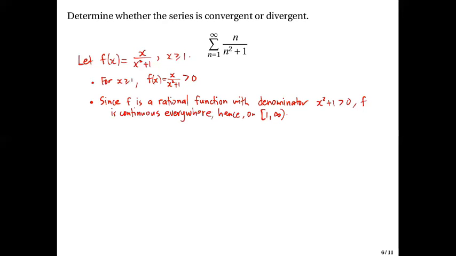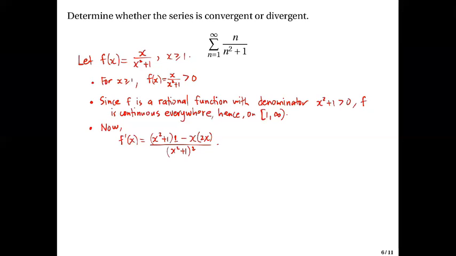To show that this is a decreasing function, we consider derivatives. Now, f prime of x, let us practice this. You have low, so x squared plus 1, derivative of high, that's just 1, minus high, derivative of low, this is 2x, over low squared, x squared plus 1 squared.